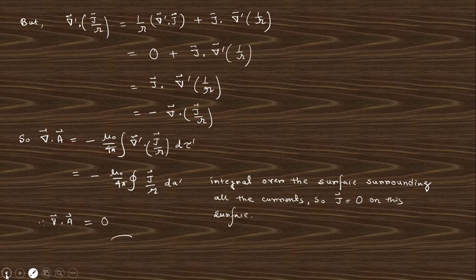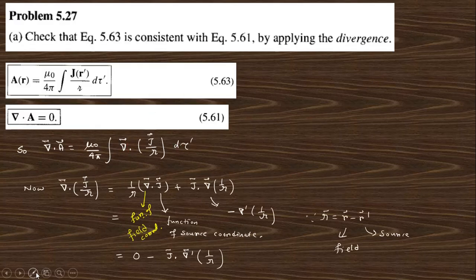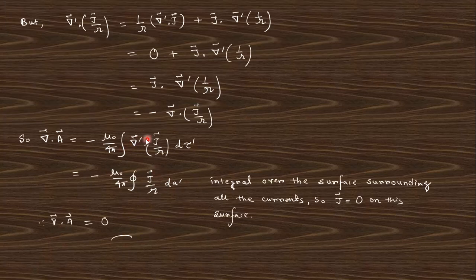If you put this value in this expression, the unprimed becomes primed. Now this depends totally on the source coordinate, so using the Gauss divergence theorem you will get this one, over the whole area. At infinity the surface current density will be 0, so this becomes 0. Clear? So here we can see divergence of A is 0.